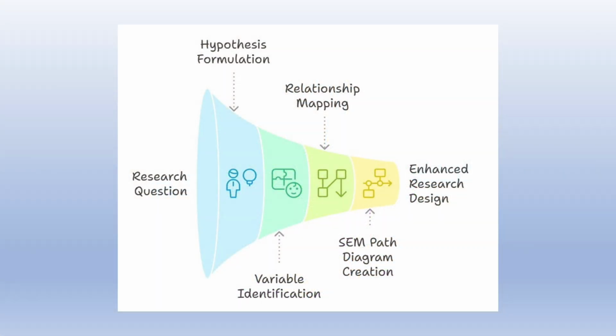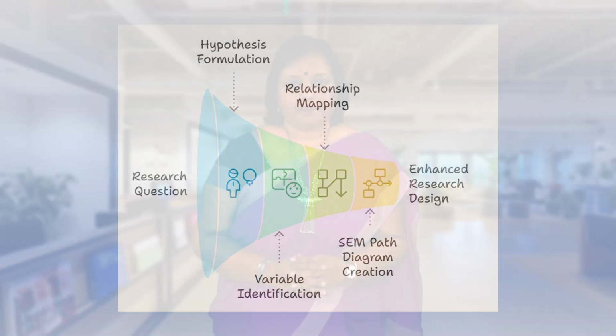Each hypothesis corresponds to a structural path. Vague questions lead to weak models, poor fit indices, and reviewer rejection. Therefore, every quantitative research question must be translated into one or more hypotheses. Translating research questions into hypotheses is not optional, it is foundational.